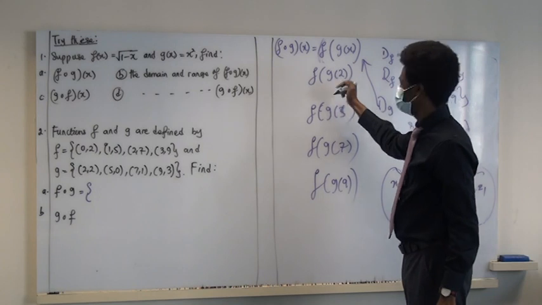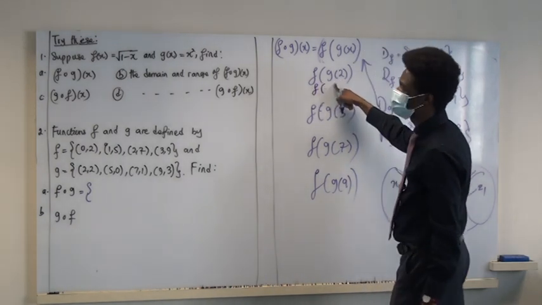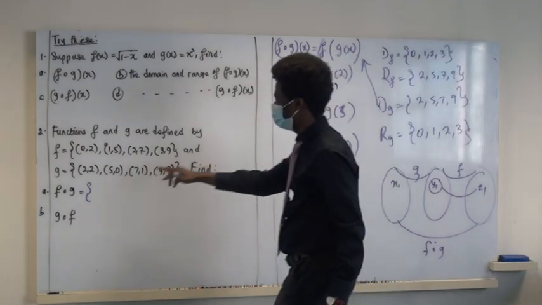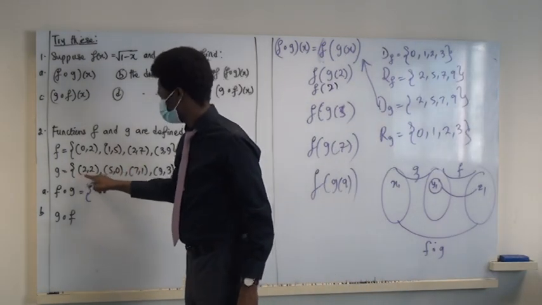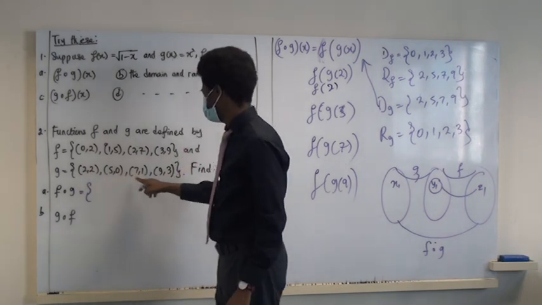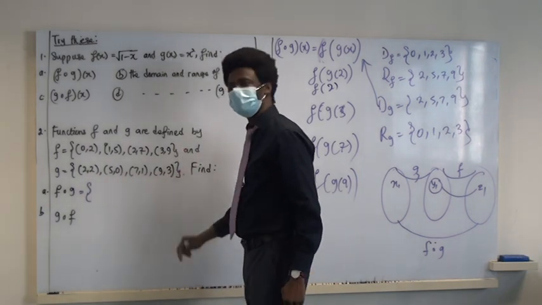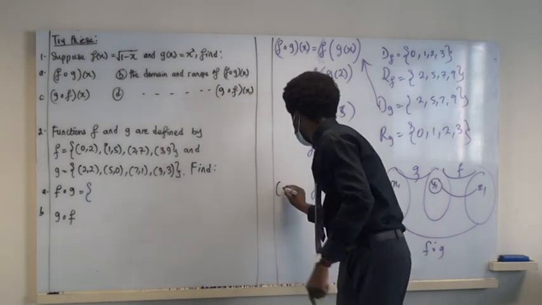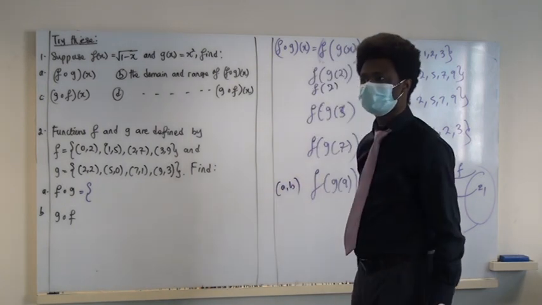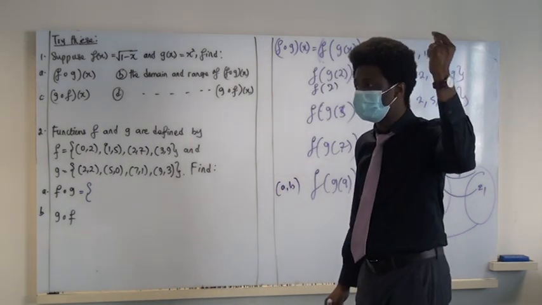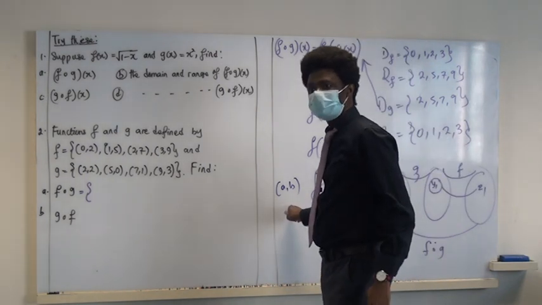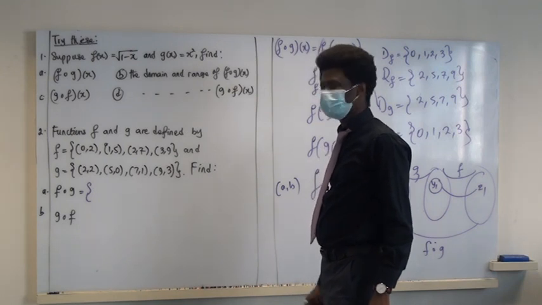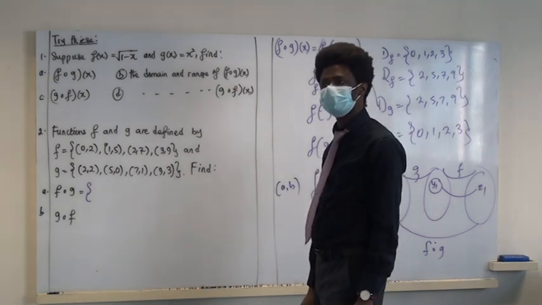Now, this is f acting on g of 2. What is g of 2? 2. How do we know that? Here. g of 2 is 2, g of 5 is 0, g of 7 is 1, g of 9 is 3. We have talked about function as a relation, as an ordered pair. At the beginning of this topic, we talked about this relation as an ordered pair, so it can be seen as the coordinate on the graph.